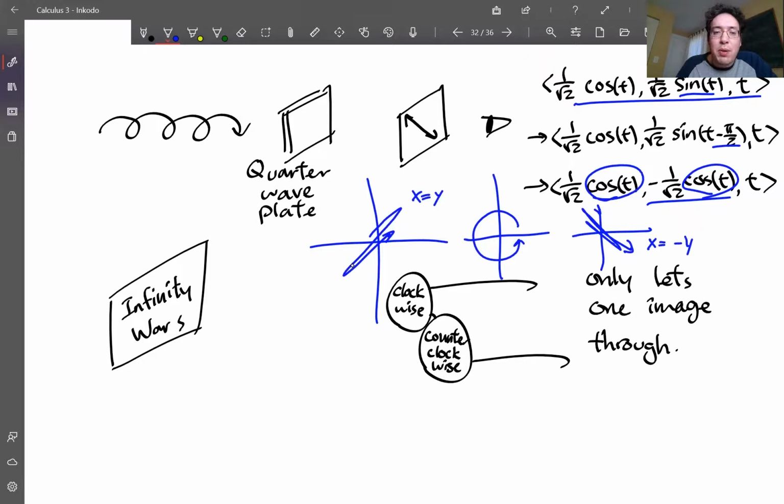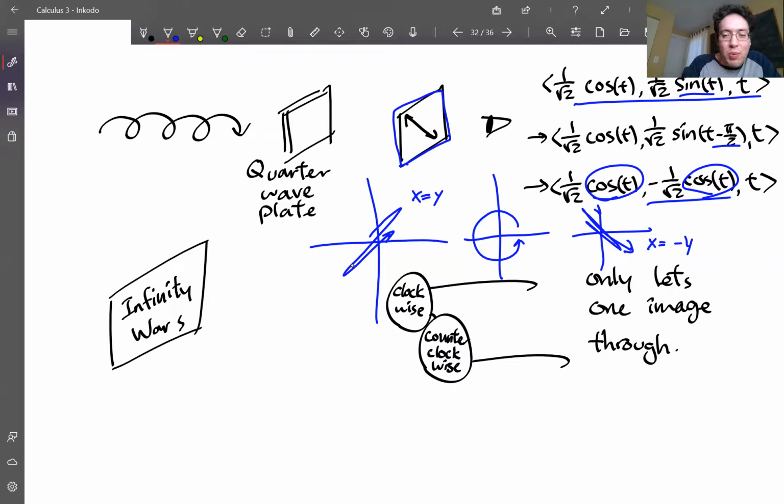Okay, and then you could orient this final linear polarizer in such a way that you might block it if you don't want counterclockwise polarized light. If you twist it, then you could receive clockwise polarized light.